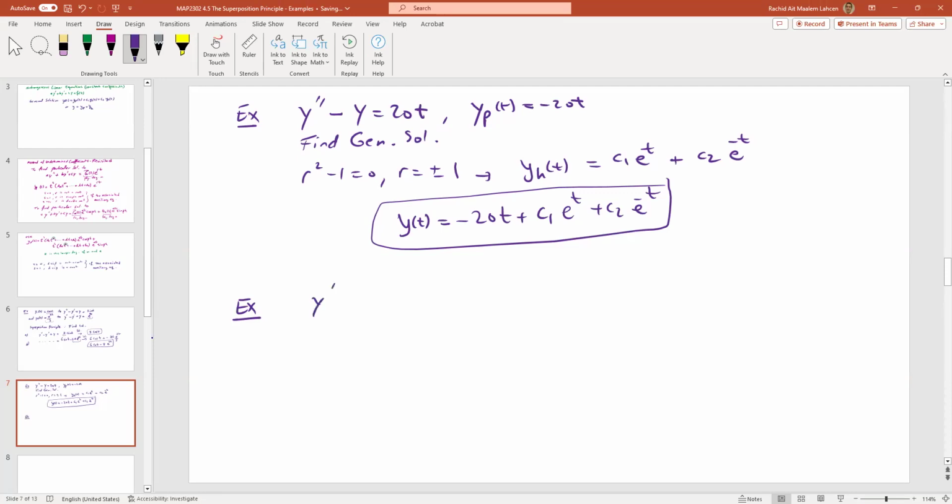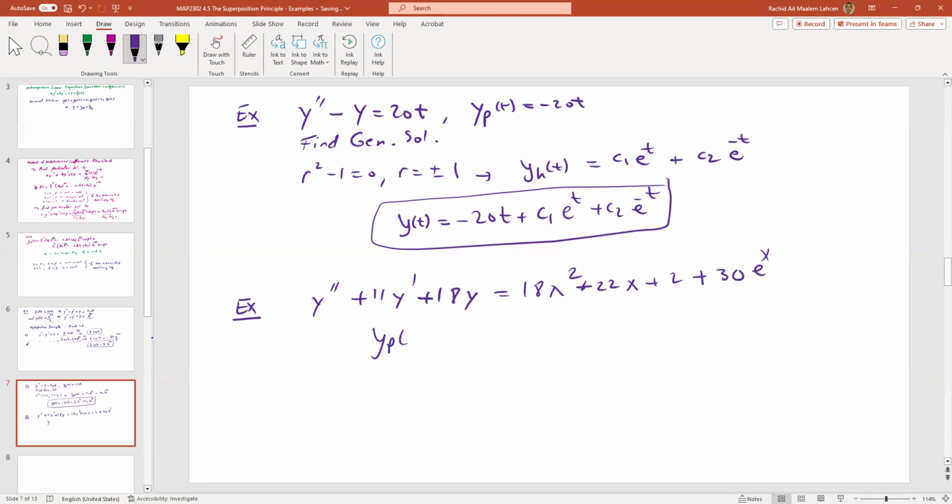Let's say you have this differential equation. And I have on the right side this polynomial and this exponential function.